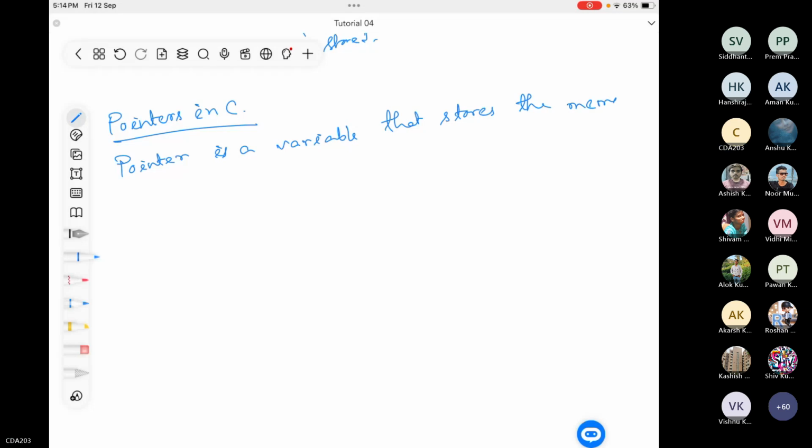of some other variable. Everyone has an idea about memory addresses.